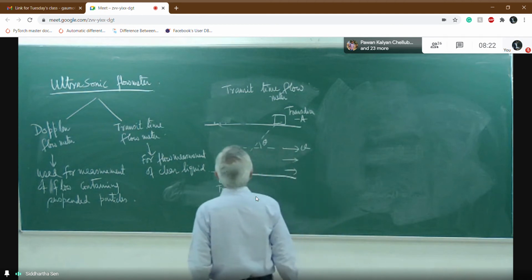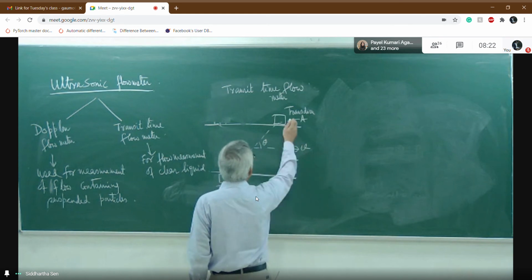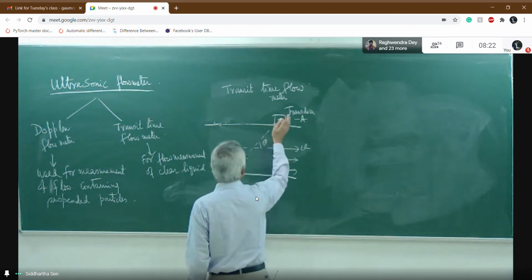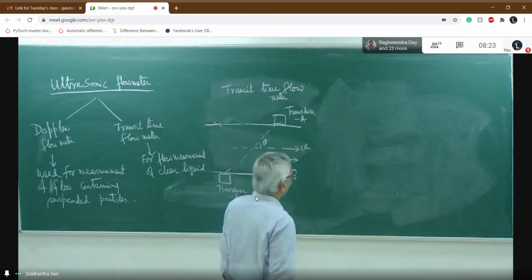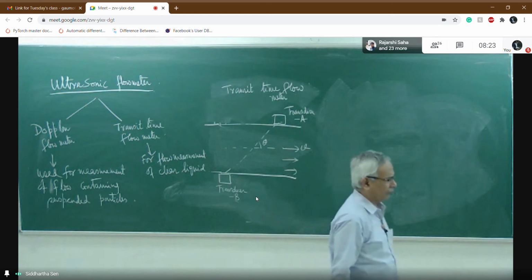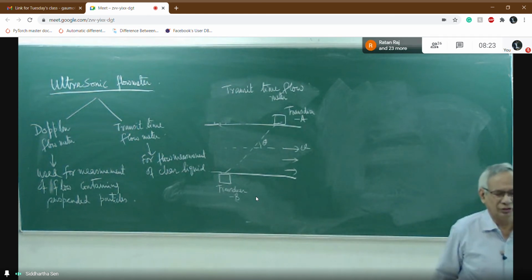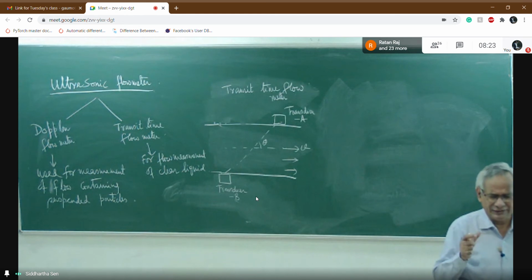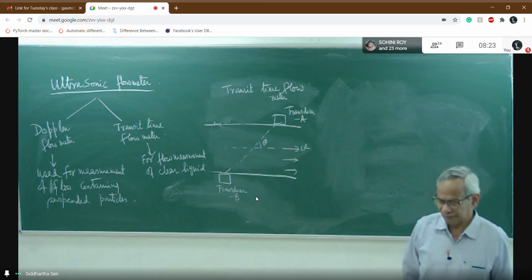So I have placed, in clear liquid where velocity V is flowing, two transducers, transducer A and transducer B. Both of them are used as a transmitter for some time, as well as a receiver for some time.